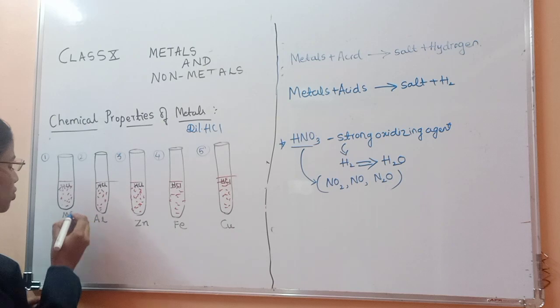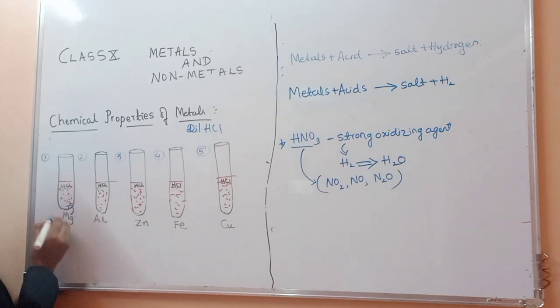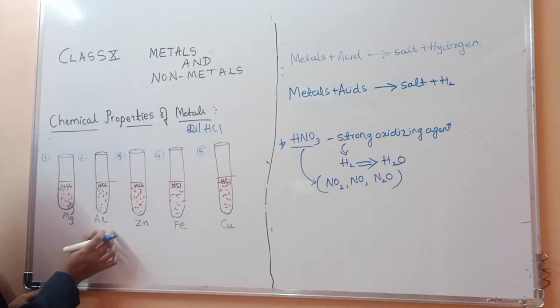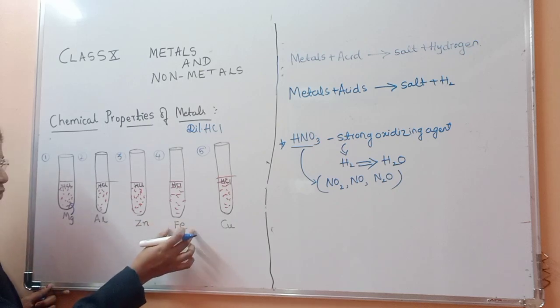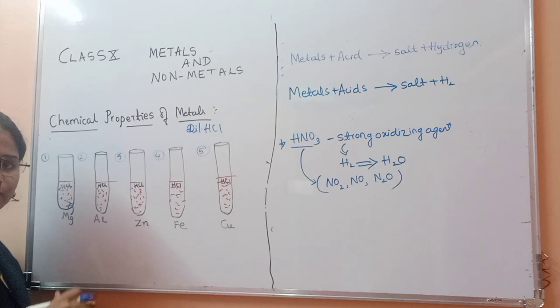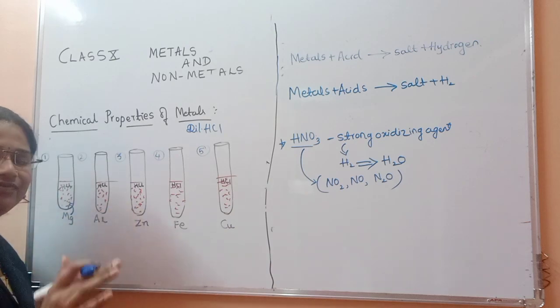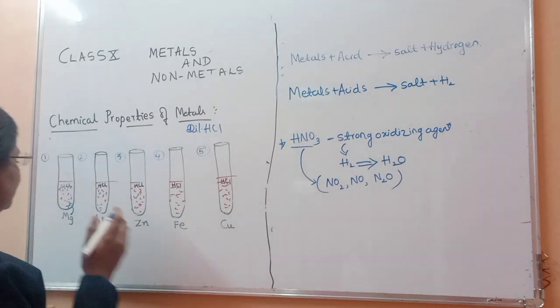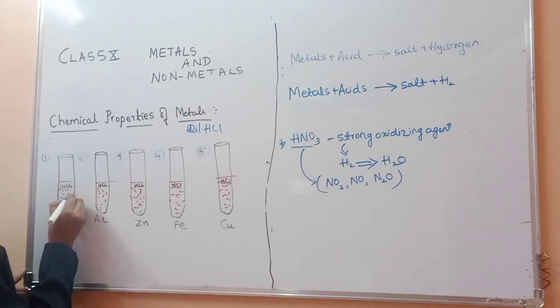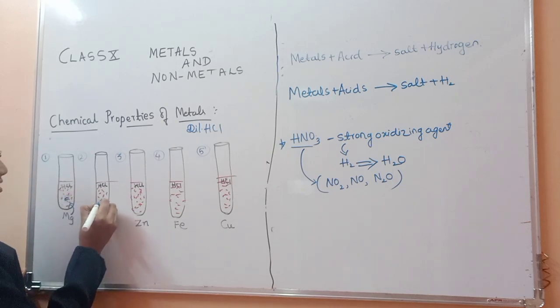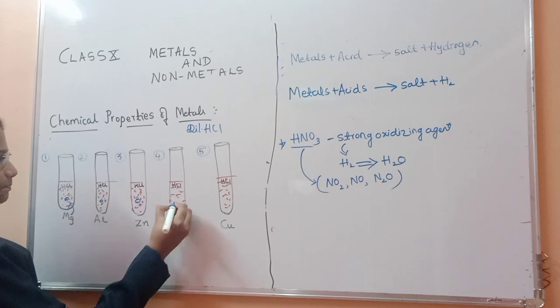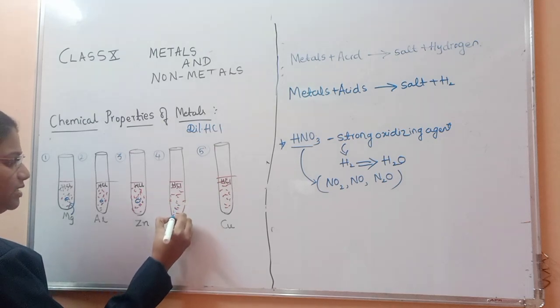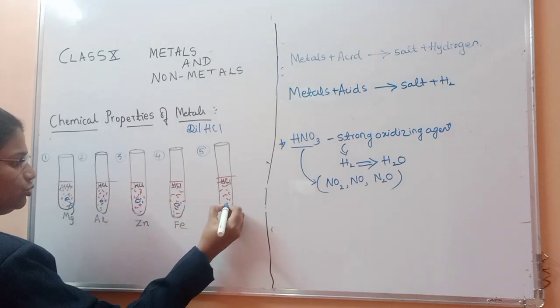And in each test tube we are going to place a metal. In the first test tube we add magnesium, second aluminium, third zinc, fourth iron, fifth copper. We add the metals and leave it for some time. After that, in some of the metals you can see the formation of bubbles in the solution.